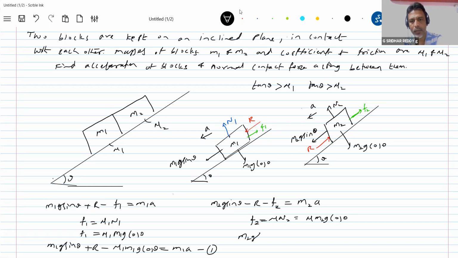Substituting this: m2g sine theta minus R minus mu2 m2g cos theta equal to m2a. Adding up these two, we'll get the expression for acceleration because R will get cancelled out. Adding 1 and 2.